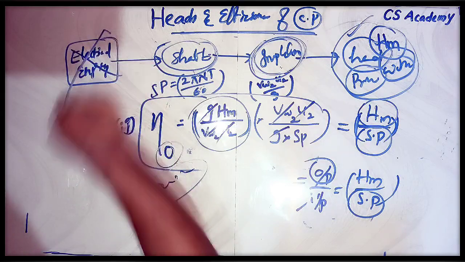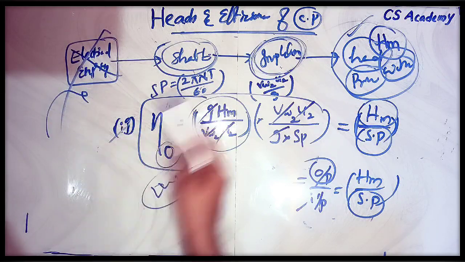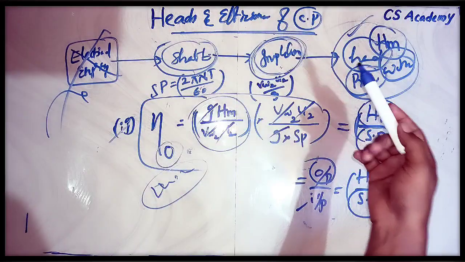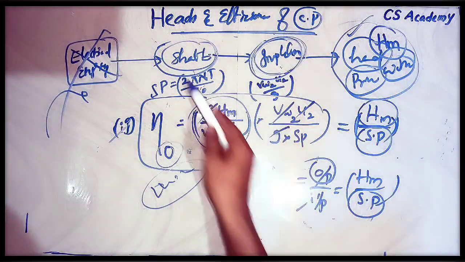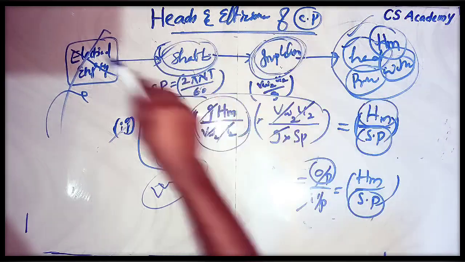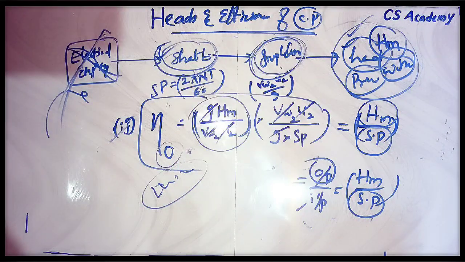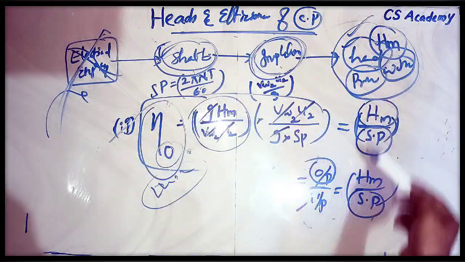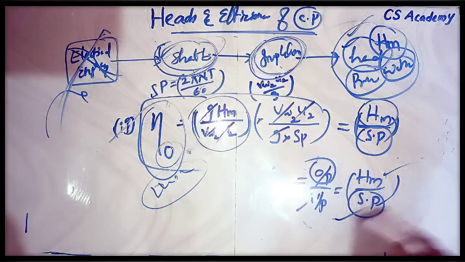We will not consider the electrical energy. As the definition of a centrifugal pump is, it converts mechanical energy into fluid energy or pressure energy. Yes or no? We are not considering the electrical energy here. So for overall efficiency, overall output by overall input, the overall output is manometric head and the overall input is shaft power.